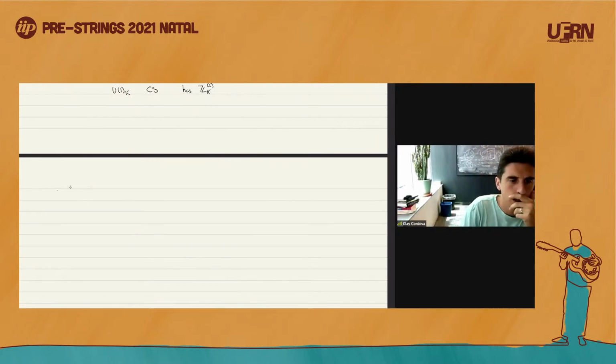So let's go back to thinking generally about the partition function. So here A is a background gauge field.